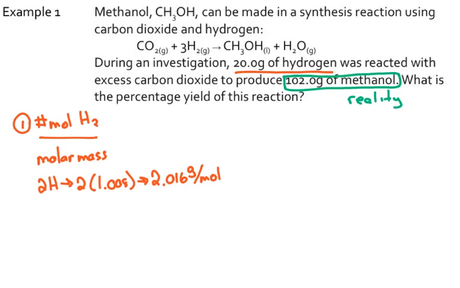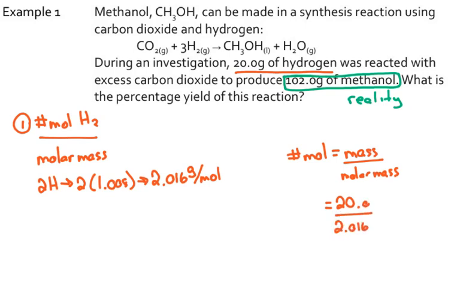We can use that to calculate out the number of moles of hydrogen that we used. Looking at the mole calculation chart, the number of moles is always mass divided by molar mass. So we had 20 grams of hydrogen. The molar mass is 2.016 grams per mole.